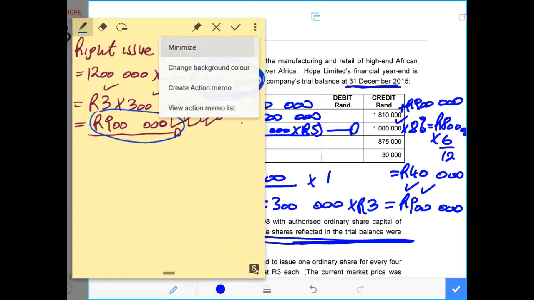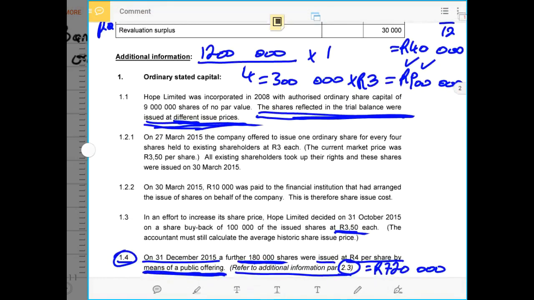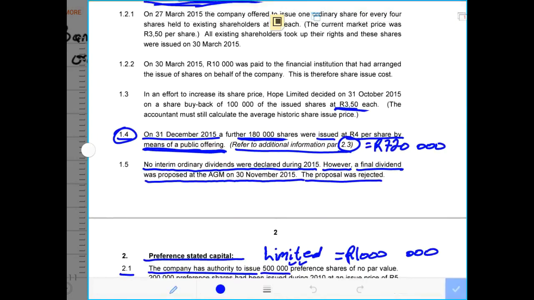So in other words, we add all the capital, then we divide by the number of shares to get to the average share issue price. Then we'll know how much the average share issue price was. That is why they emphasize that the accountant must still calculate the average historic share issue price.